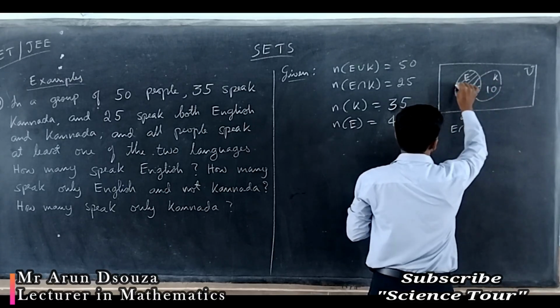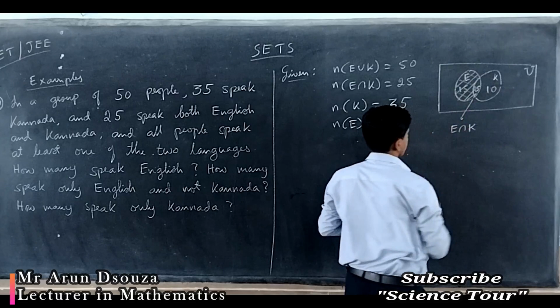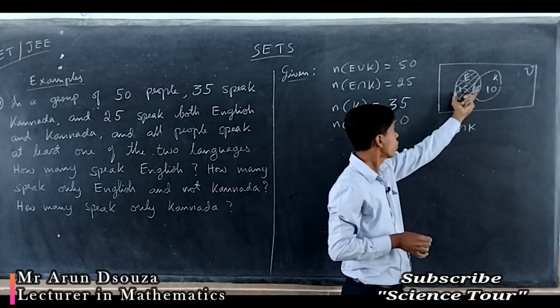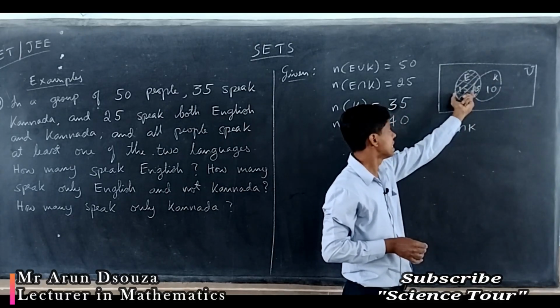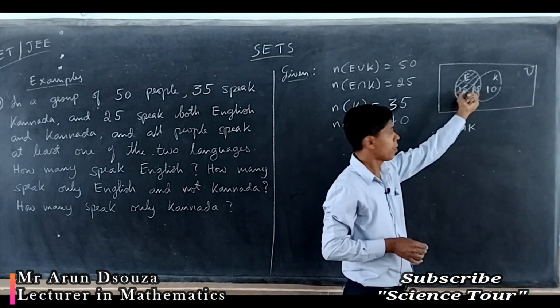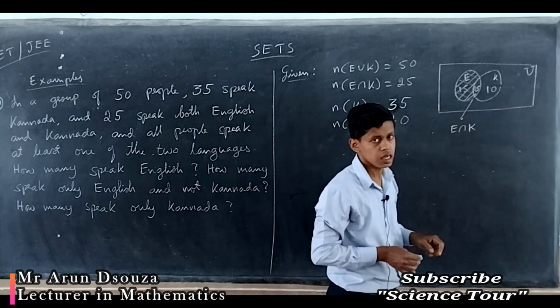What is this region? Except this, okay, only this region. So that is E minus K, or E intersection K, or not?